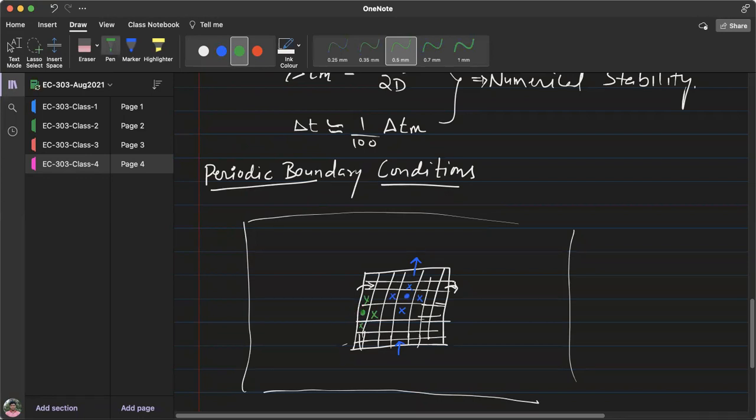So periodic boundary condition means that the neighbor of this one is actually this. And I can give one more example. Let's take this focal cell. The 3 neighbors are fairly clear, and the other neighbor is actually here. Is that clear now? Such a condition is called periodic boundary condition.